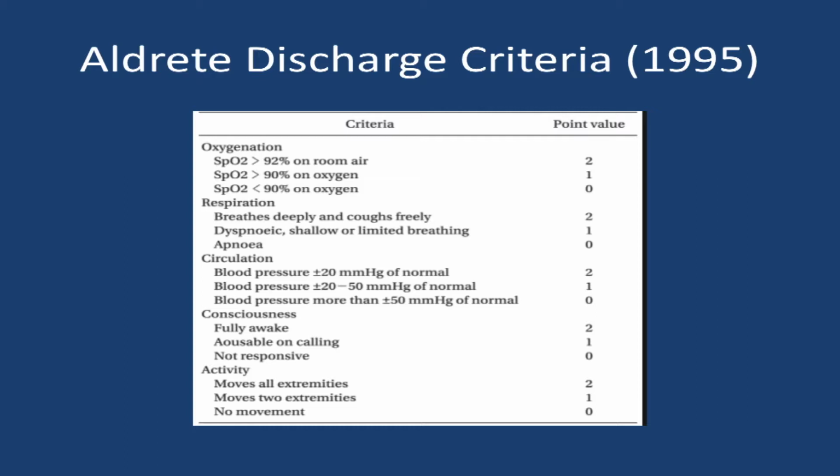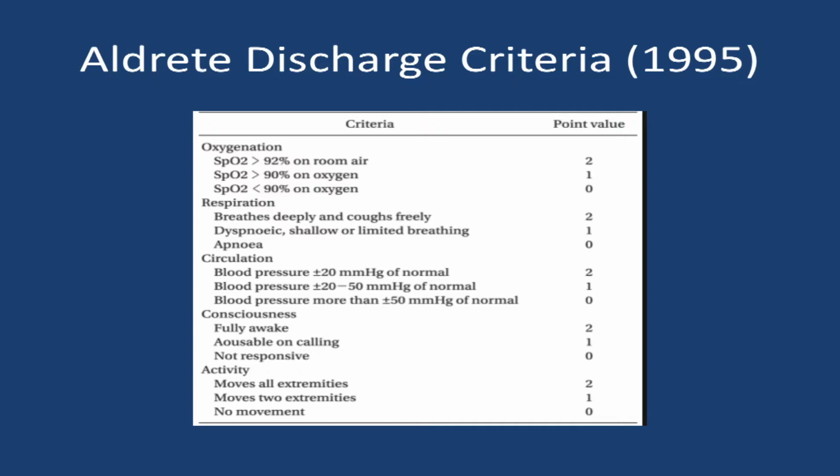If they're greater than 90% on oxygen, then they get a 1. If they're less than 90% on oxygen, then the score is 0. So oxygenation is very important to us, that we see ventilation occur, oxygen is being utilized, and they have a higher score when they get back to breathing room air if they are greater than 92% with the pulse oximeter.